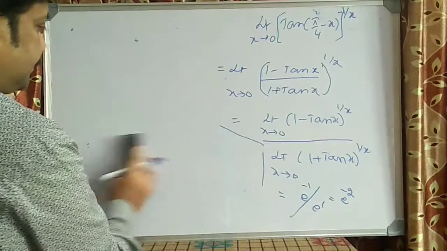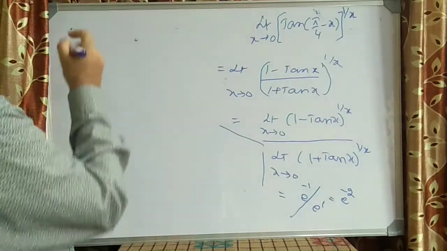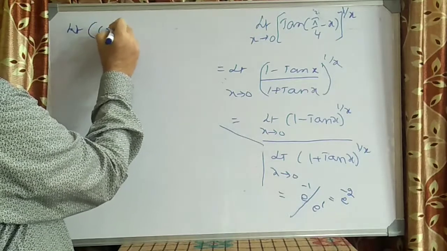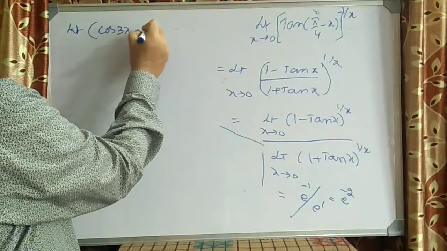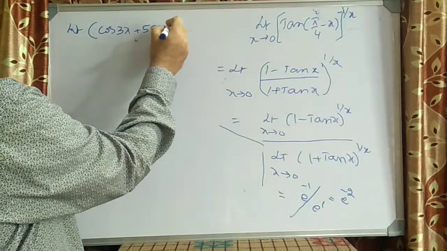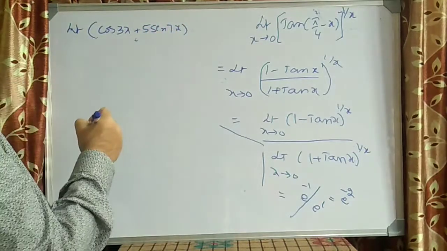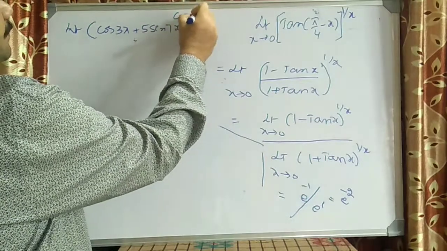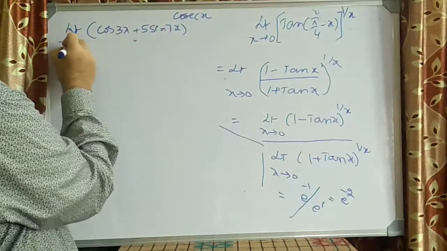The problem will be like this: limit of (cos 3x plus 5 sin 7x) to the power cosecant x as x tends to 0.